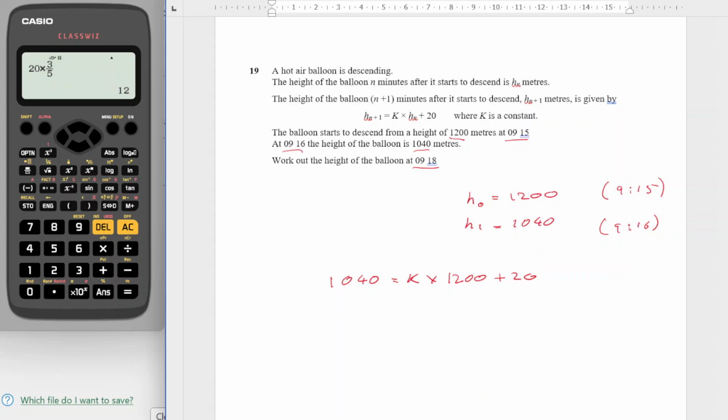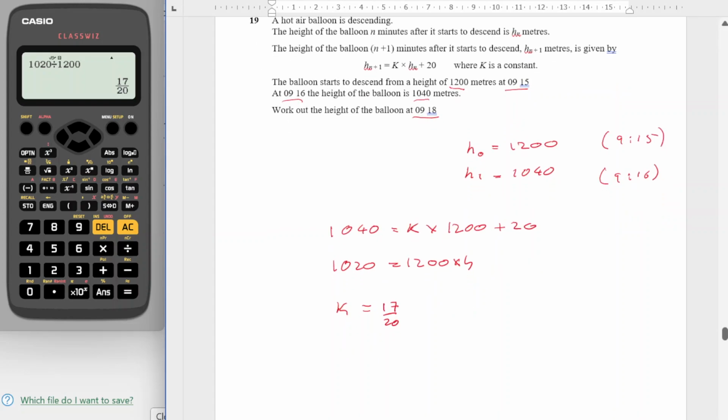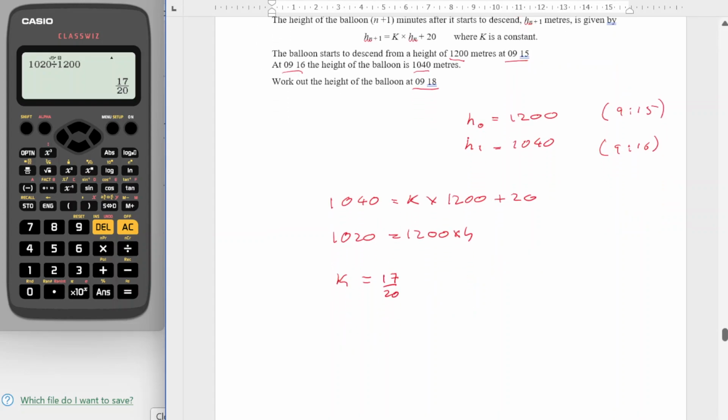So if I minus 20 from both sides, 10,020 is going to be equal to 12,000 times by k. So k is going to be equal to 10,020 divided by 12,000. So it's going to be 17 over 20. I'm going to leave it like that rather than go decimal. So we've got H0, we've got H1.